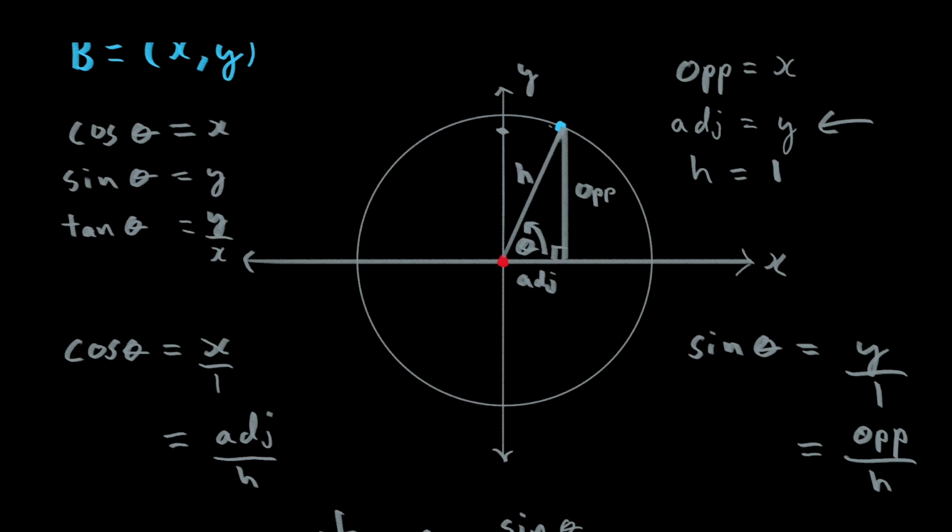Well, those cases just refer to scaling the triangle by some constant. Okay, so when you scale a triangle and make it bigger, all right, you know that the size of the angles remain the same, right? And although the side lengths of the triangle change, the ratios between the side lengths of the triangle don't change.